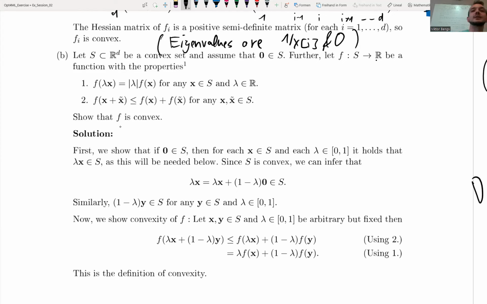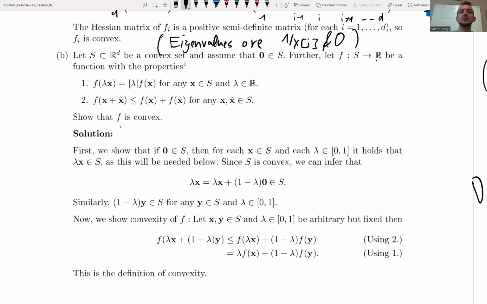The second one is more or less subadditivity. Namely, if you look at the function value of x added to x tilde, for any arbitrary x and x tilde in your set S, this is always bounded by first evaluating the two x and x tilde and then looking at the sum of the function values.